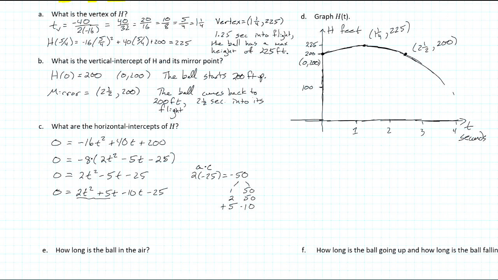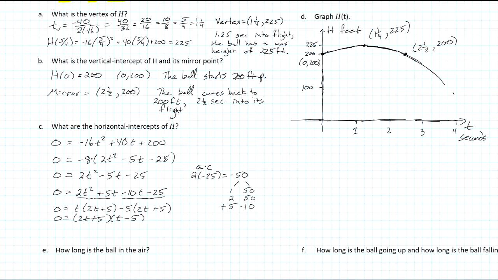So I'm going to break this up as 2t squared plus 5t minus 10t minus 25 and do some grouping. If I group the first two and then the second two, we'll get 0 equals t times 2t plus 5, and then minus 5 times 2t plus 5. By factoring out the greatest common factor from both, I can then pull the 2t plus 5 out to be left with t minus 5.